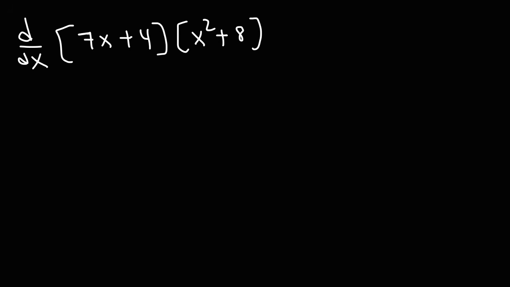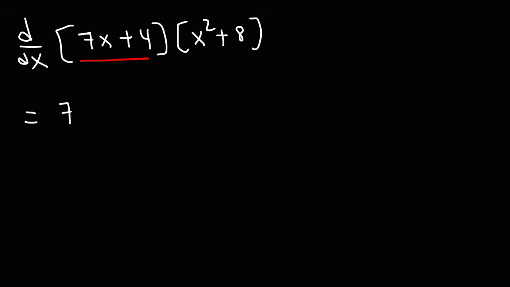Now we could use the product rule to find the derivative of this expression, or we can FOIL and then use the power rule to find the derivative of the resulting polynomial function. But let's use the product rule. So first, let's find the derivative of the first part, 7x plus 4. The derivative of 7x is 7.